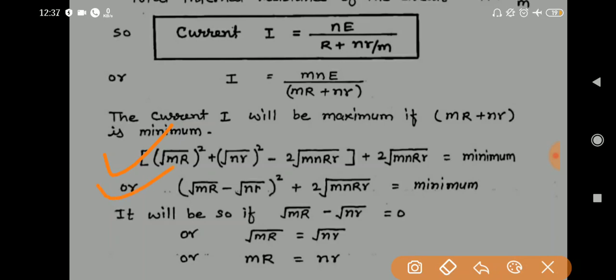On solving we get under root mR minus under root nr whole square plus 2 under root mnRr is equal to minimum.